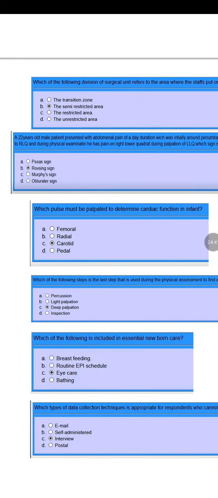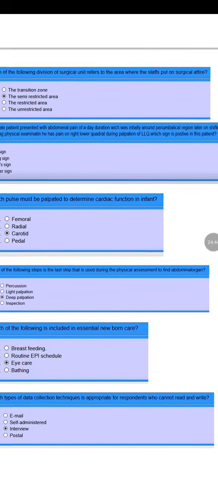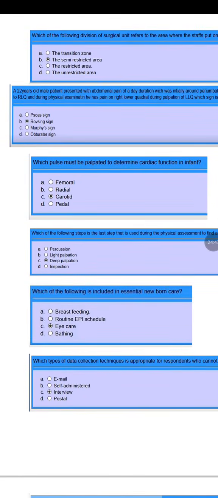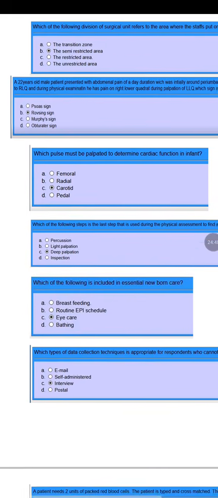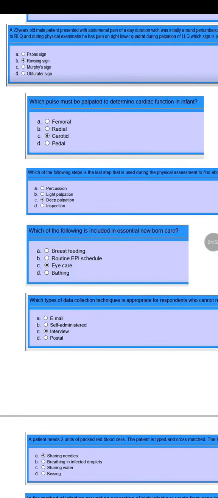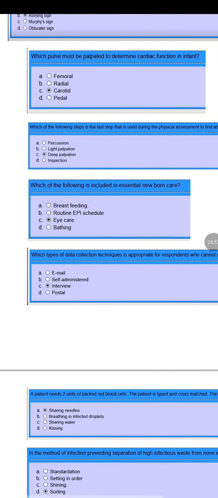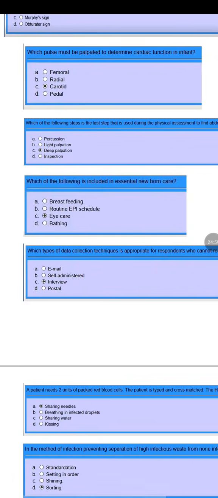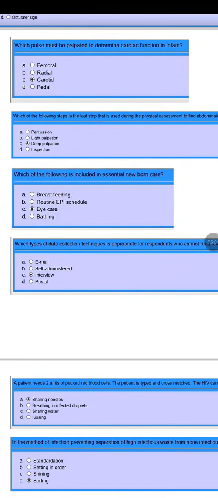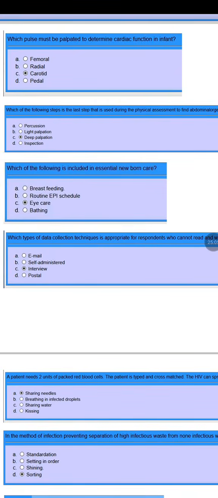The patient has a positive sign in the lower quadrant. Which pulse means palpate of the cardiac function of an infant, femoral. Which of the following is the last step used during the physical examination of the abdomen: deep palpation.